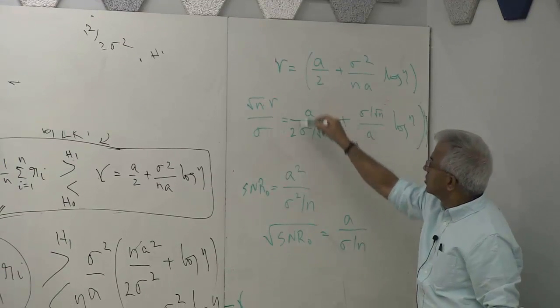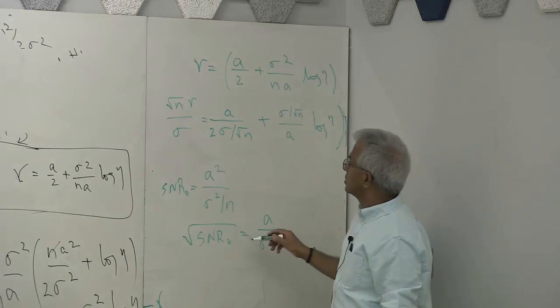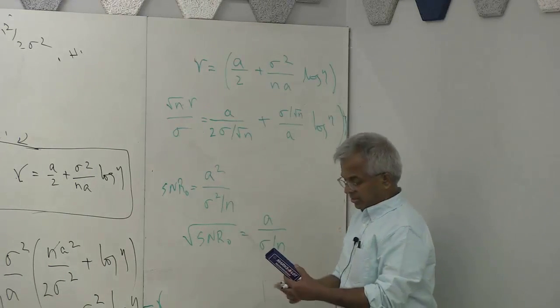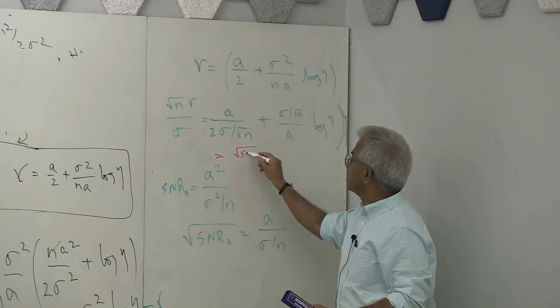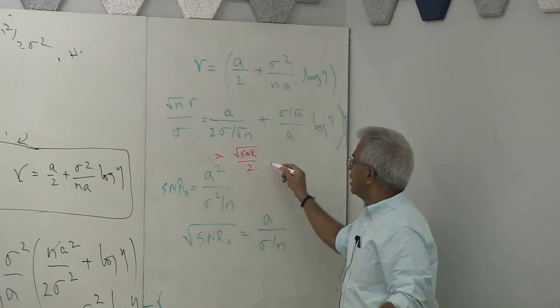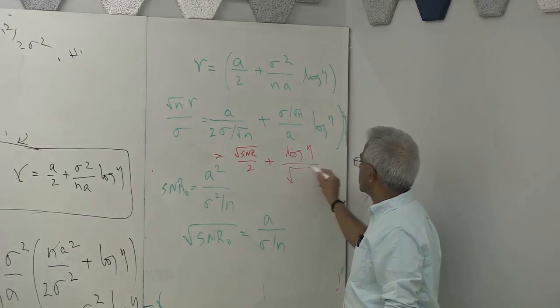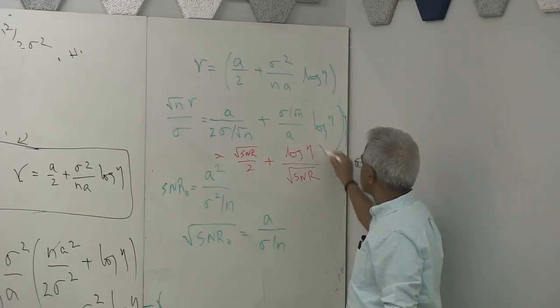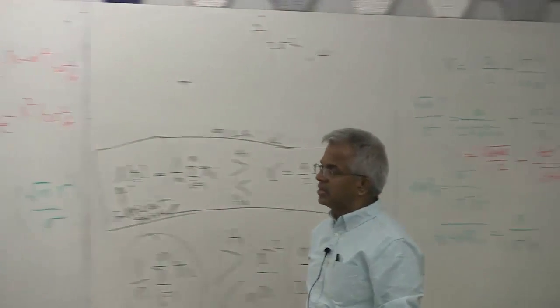If you look at this, this is square root of SNR. This is 1 over square root of SNR. So you can write this as square root of SNR over 2, and log eta over square root of SNR. That's a standard expression.